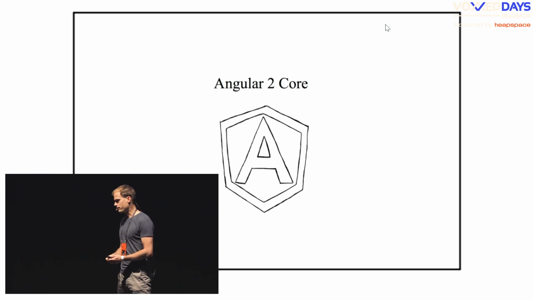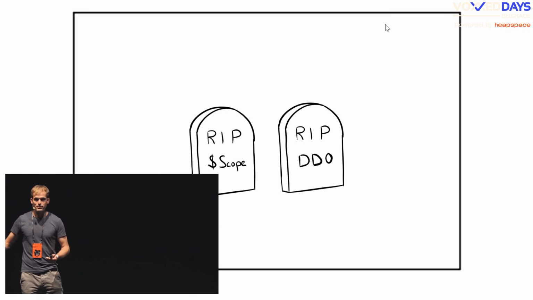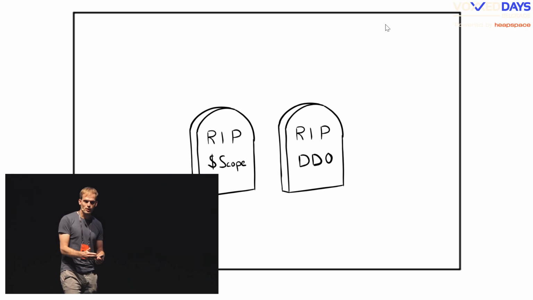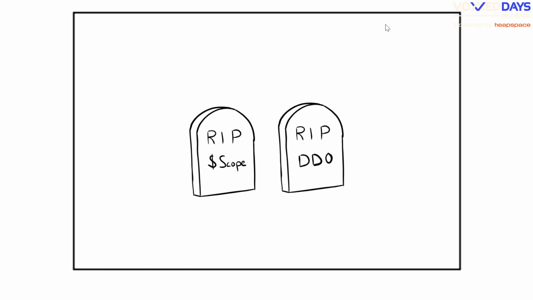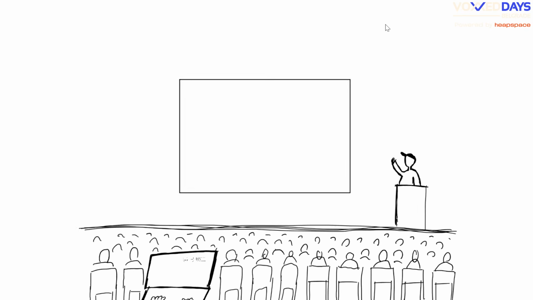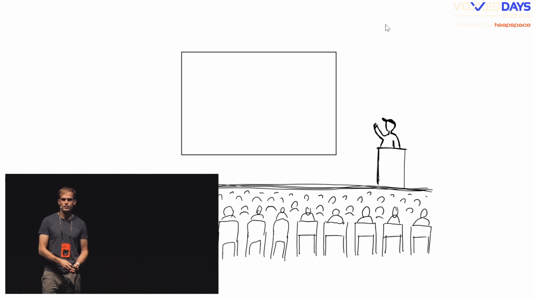But there was one problem. It just deprecated everything all the developers knew from Angular 1. And they had no idea or no migration path or whatever how to get from an Angular 1 application to an Angular 4 application.